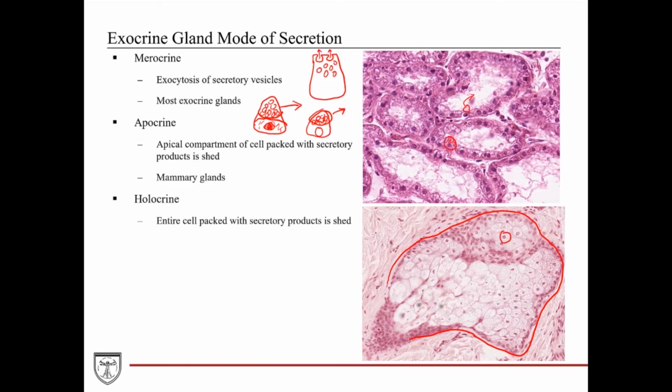And this is the base, and this is where we're getting closer to the duct. From the basal compartment of this acinus, we're seeing these cuboidal cells with big and spherical nuclei, and the cytoplasm looking kind of foamy or bubbly, because they're starting to pack their cytoplasm with these oil-filled vesicles.